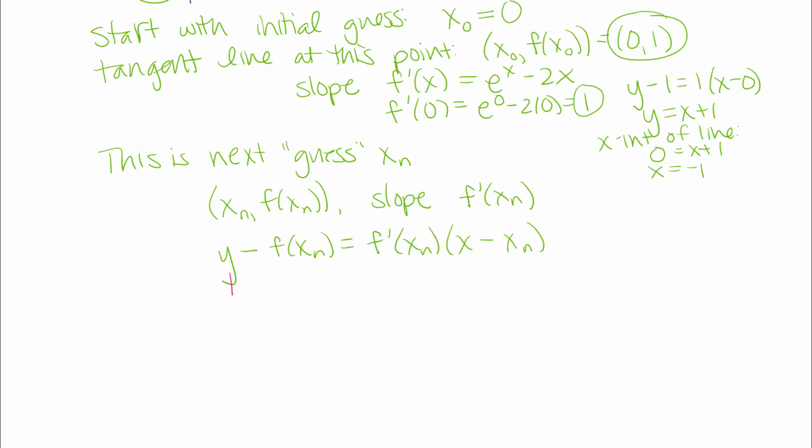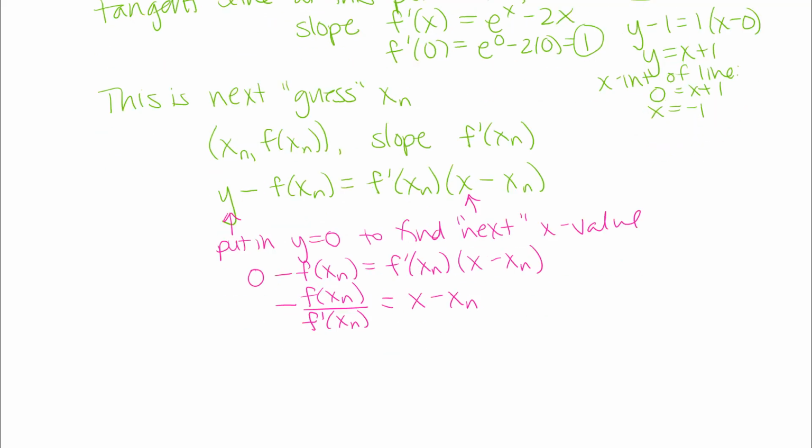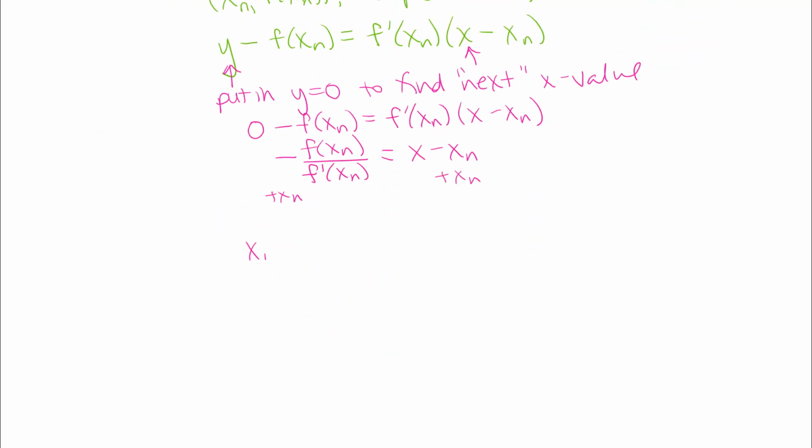And then you would want to find the x-intercept of that line, so you'd put in y equals 0 to find the next x value. So if I put in y equals 0 and then solve for x, here's what I get. And then this becomes your next guess for x. So we would label this x sub n plus 1.